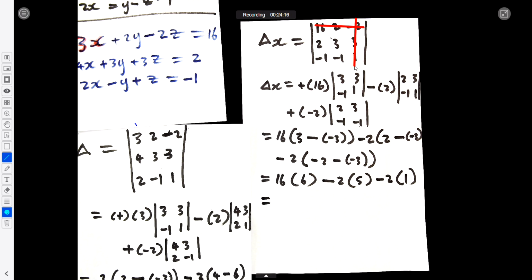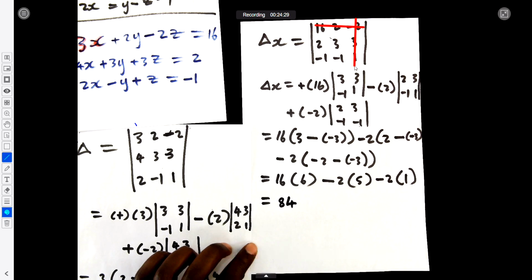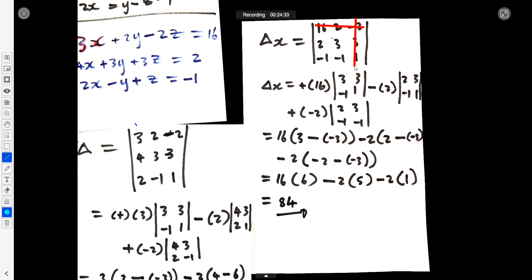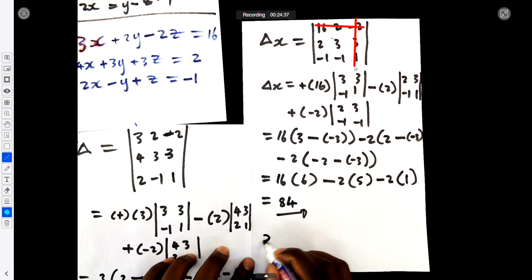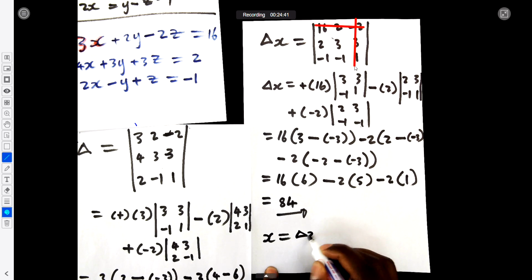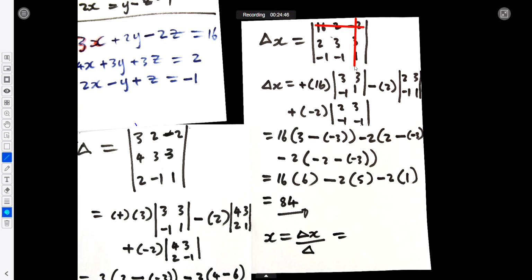Okay, so the solution is going to be equals to negative 10 and negative 12, then 6. So you say 84. I hope everyone is getting the same answer. We have 84. And therefore, from there, you're going to say x is equals to. When you solve for x, we know that x is equals to delta x over delta.